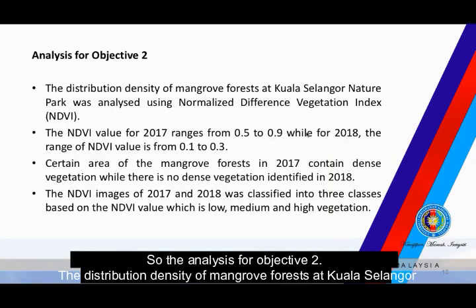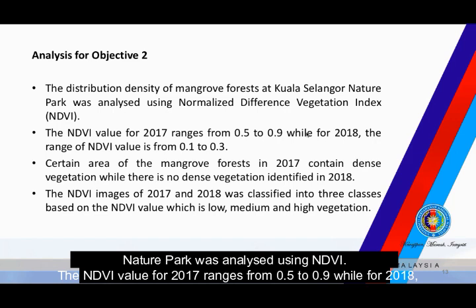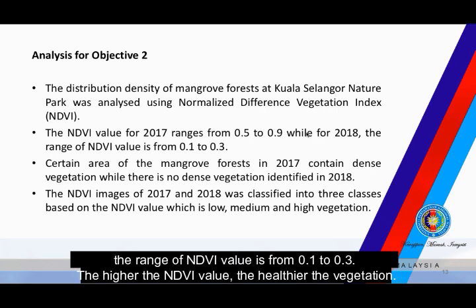So the analysis for objective 2: the distribution density of mangrove forest at Kuala Selangor Nature Park was analyzed using NDVI. The NDVI value for 2017 ranged from 0.5 to 0.9, while for 2018, the range of NDVI value is from 0.1 to 0.3. The higher the NDVI value, the healthier the vegetation.